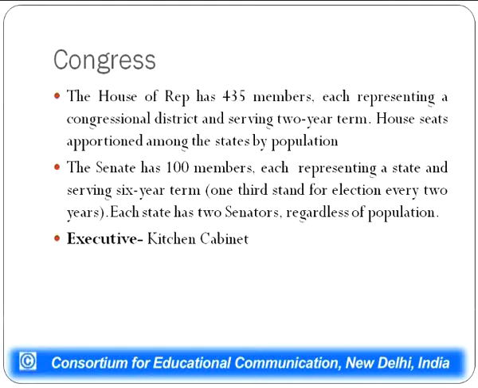If you look at the executive, it has a very unique characteristic. Like we have a cabinet system, but because it is a presidential system, the cabinet has a minimal role. The president consults the cabinet, but whether the advice of the cabinet will be heard or not depends on the whims and fancies of the president.